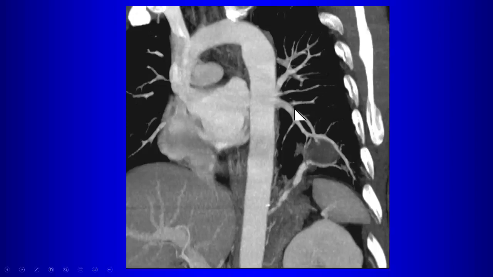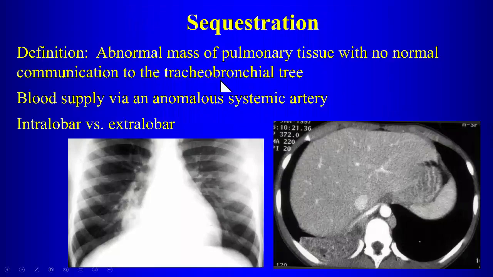What vessels are these? Those are pulmonary veins, right? So it's draining to the pulmonary veins. So what kind of sequestration does that? Intrapulmonary or extrapulmonary? Intra. Yeah. Okay. So sequestration, abnormal mass of lung tissue, it's sequestered from the tracheobronchial tree.